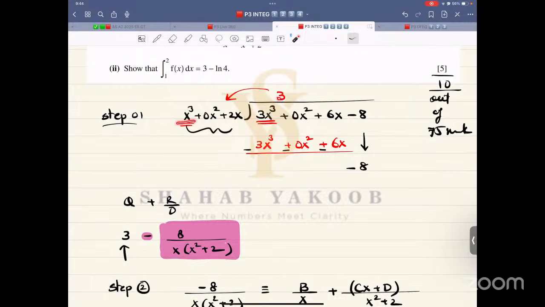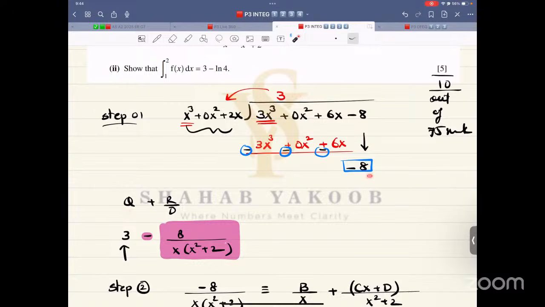So 3 into x cubed, 3 into 2x, this 0 remains as 0. Now change the sign and add. We are left with -8. So now the quotient is 3.